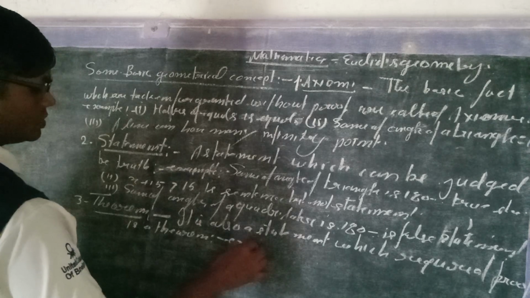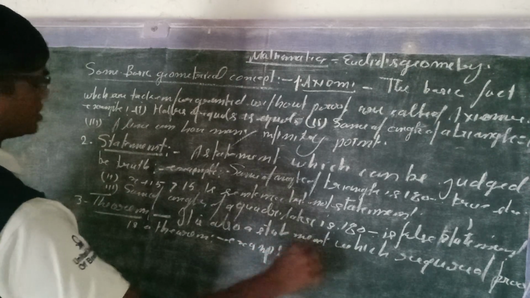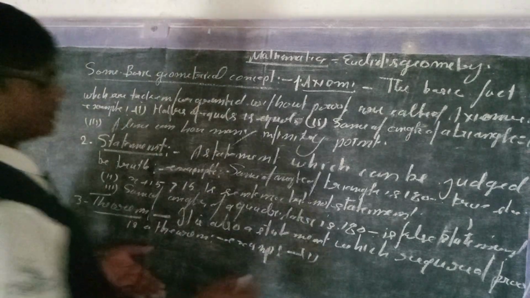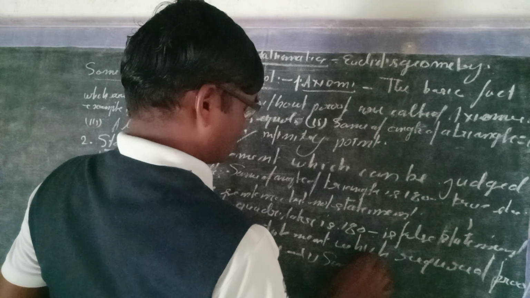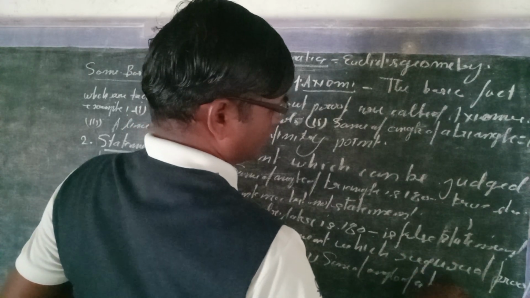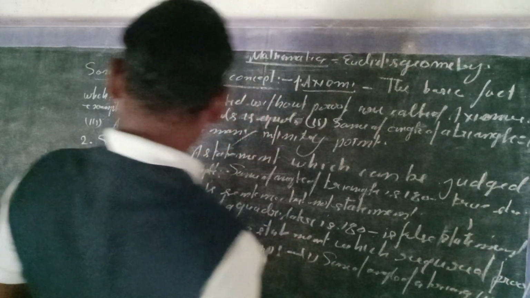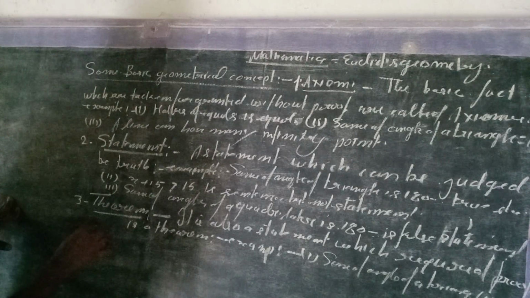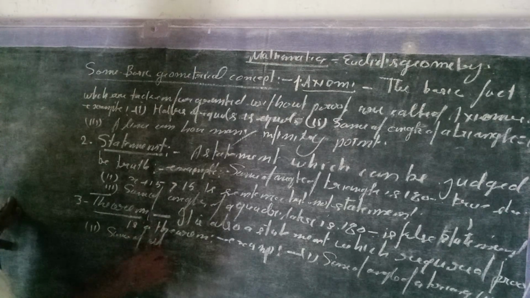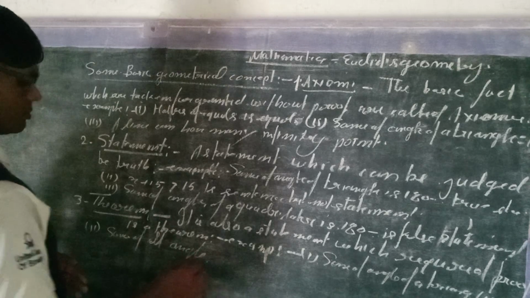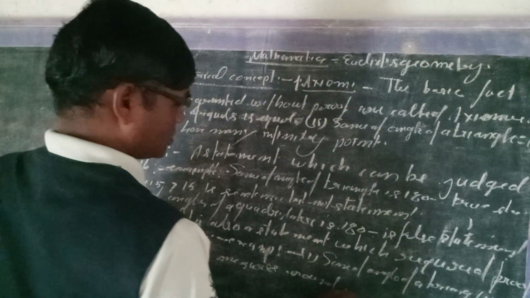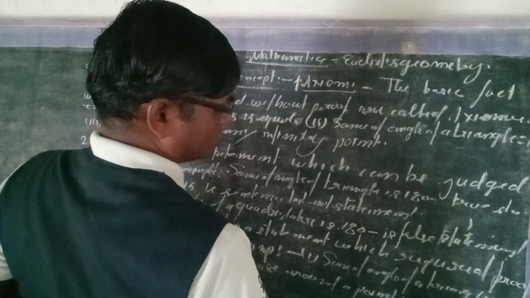We will take examples here. Example one: the sum of angles of a triangle is 180 degrees. We also have to prove this theorem. Second, the sum of all angle measures around a point is 360 degrees.